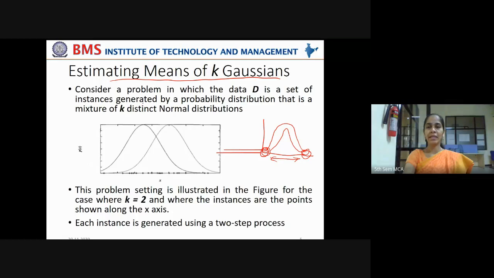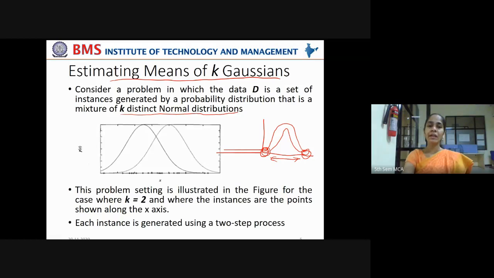You know that D is used to represent the set of instances generated by a probability distribution that is a mixture of k distinct normal distributions. Means you are taking a probability distribution, for example a mixture of k distinct normal distributions.